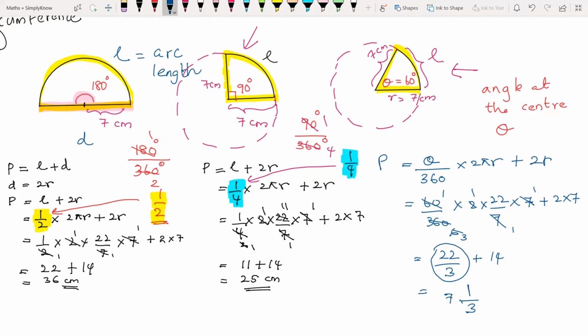So it's 7 and 1/3 plus 14. Therefore, altogether, when I add these two, 7 plus 14 is 21 and 1/3 centimeters. So the perimeter of this sector is 21 and 1/3 centimeters.